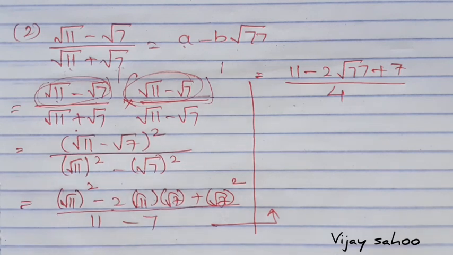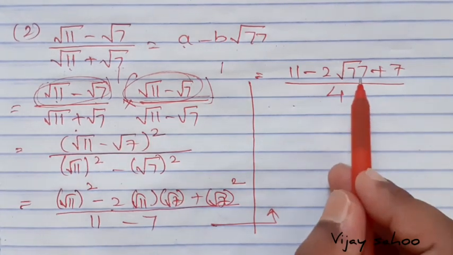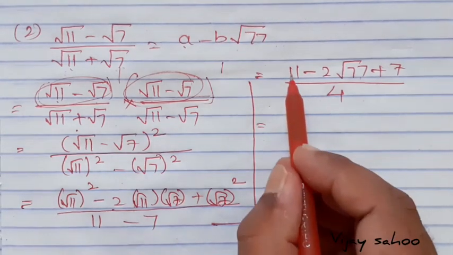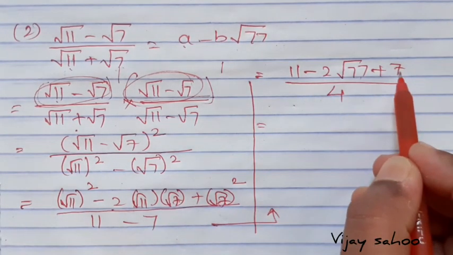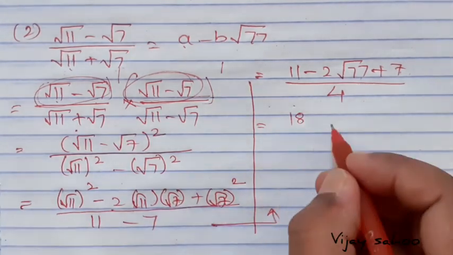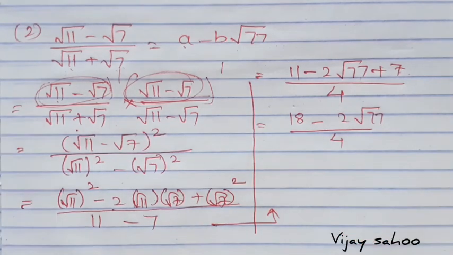So in that case we know that root and root value will be multiplied. So 7 into 11 will be 77. Now what will we do? 11 is a number, 7 is a number. So 11 plus 7, that will be written as 18 minus 2 root 77 by 4.